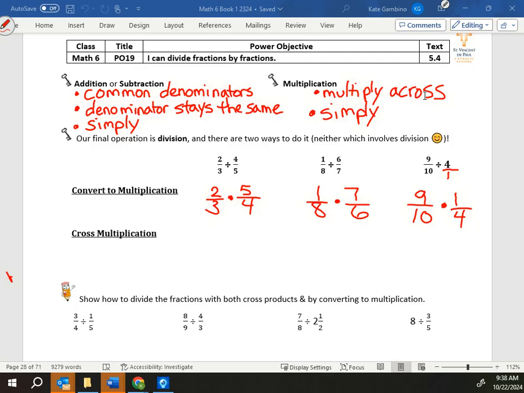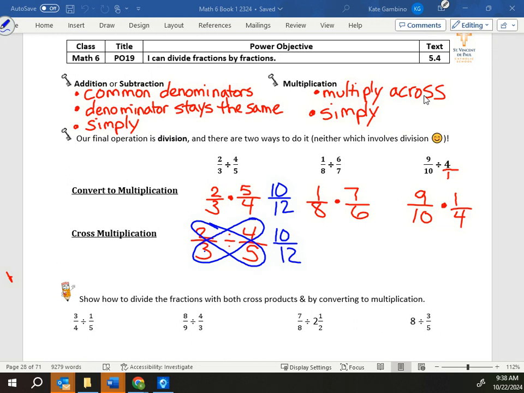It's called cross multiplication. So if we have 2/3 divided by 4/5, we can cross multiply like this. So we would have 2 times 5 and 3 and 4 times each other. So if we look at our top one, if we had 2/3 times 5/4, we multiply across. 2 times 5 is 10, 3 times 4 is 12.